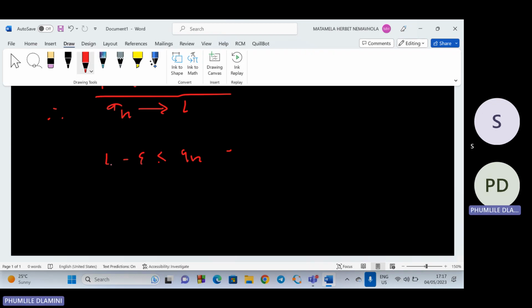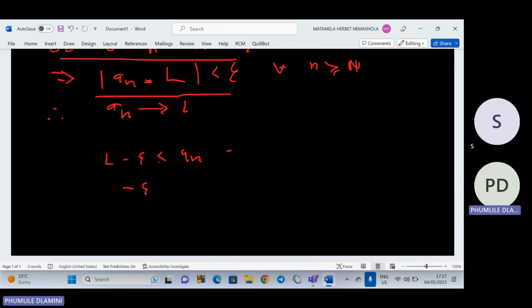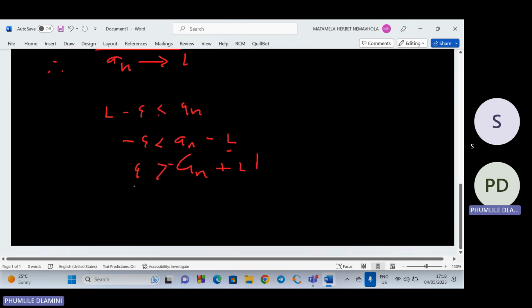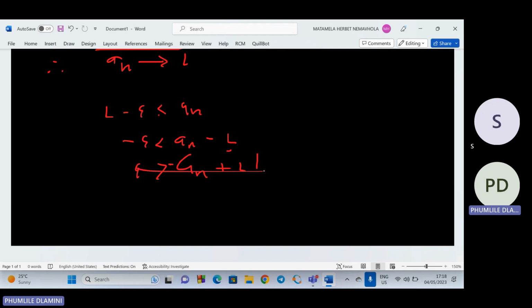When I take my value of L to the other side, it's going to say minus E is less than an minus L. So if I multiply everything by negative one, it's going to be E is greater than negative an plus L. This one will change to negative an plus L. So if I change back, or don't do anything here, I can rewrite these statements as an minus L is greater than, because of this letter there.